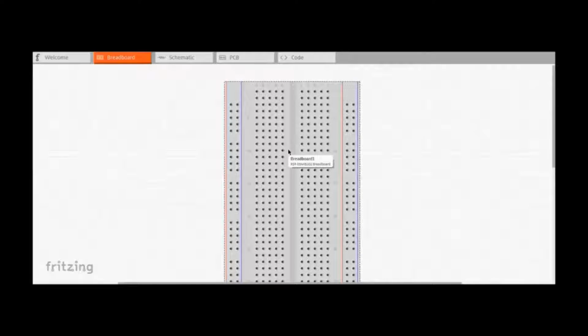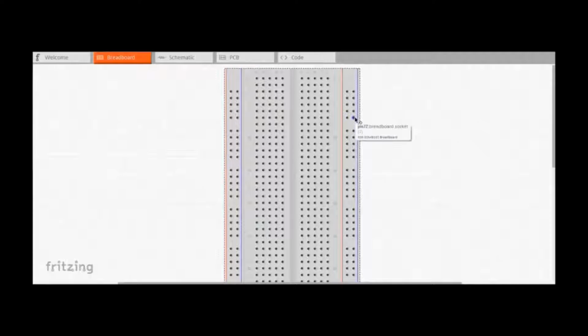The first set of holes that we look at are on the far left and on the far right. These are called our power rails. They are used to input a power signal, which then goes into the circuit.